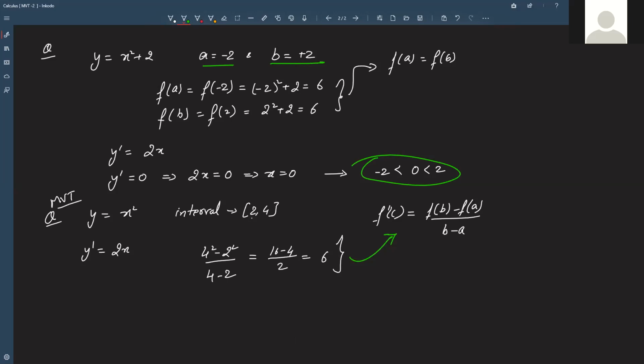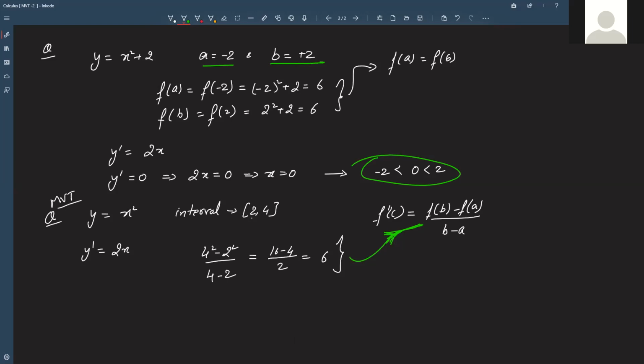Now we have to verify the theorem. So this is the second part of this formula, not the first part. The first part says that there will be a point c between a and b for which this expression will be the rate of change. So we say, okay, let's try that.